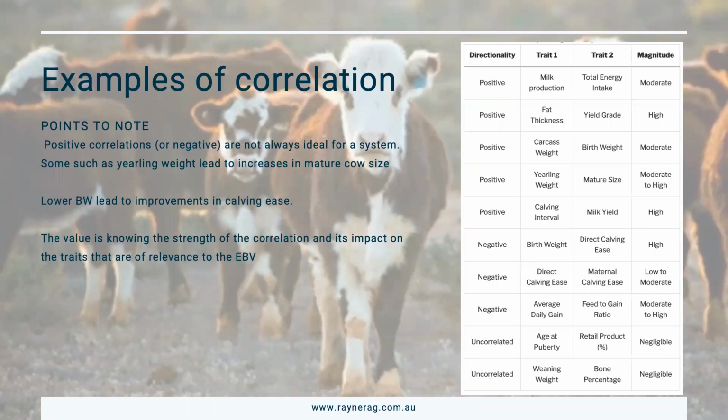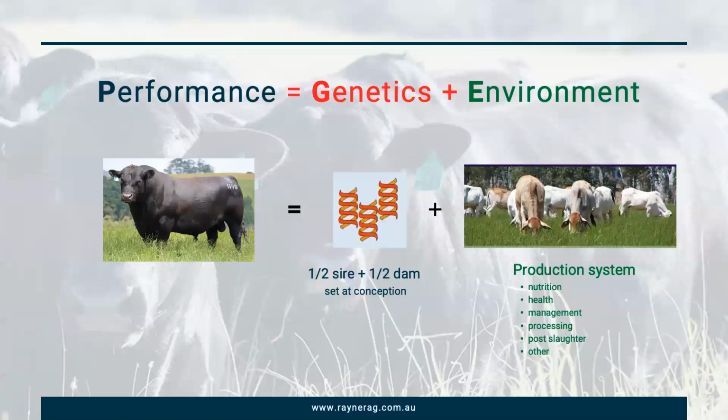So when we start thinking about this concept of genes, the problem is that when we're looking at an animal, what we're really looking at is the impact of a couple of things. The animal that we see, the performance or the phenotype, if you like, is really the result of the genes that were given to it by its sire and by its dam.